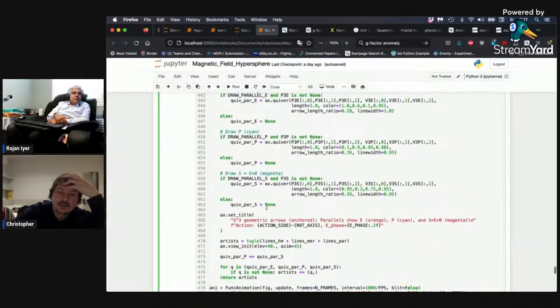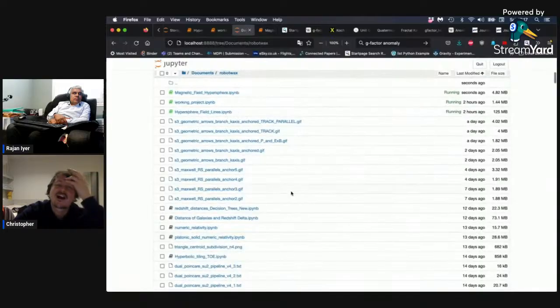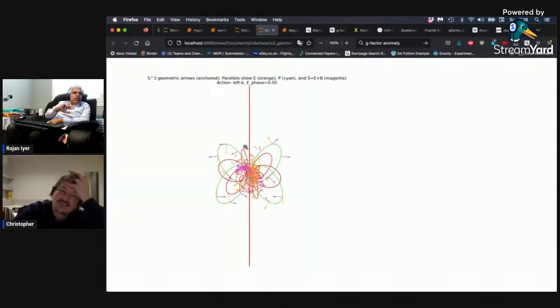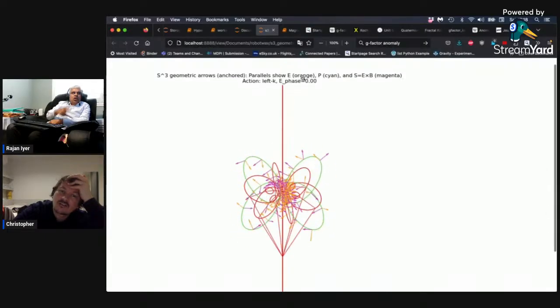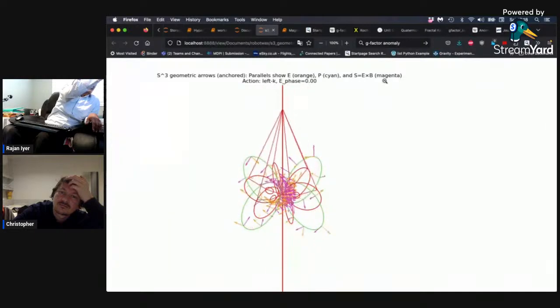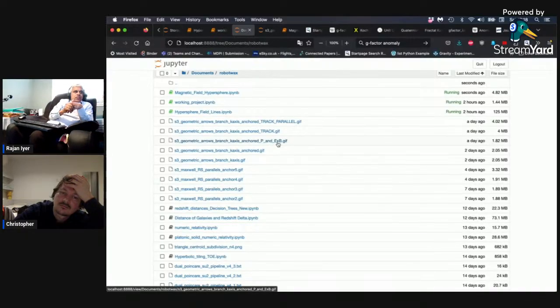What color is P? Let me think. It gets very confusing, Rajan. So orange is P. You have P and S. The connection is that S over mu will be P in your case. So the connection is the permeability.